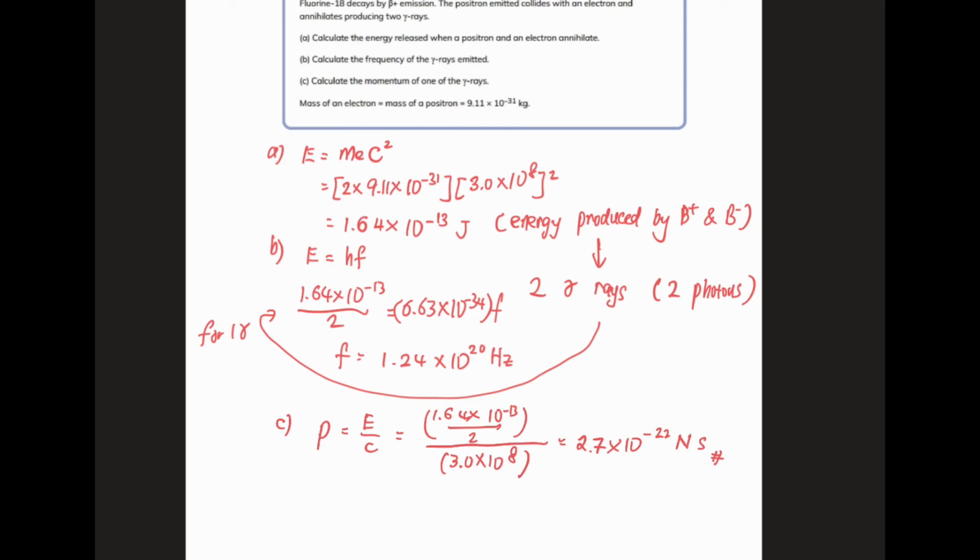So let's say for this one also, I change it to two significant figures, 10 to the power of 20, and this one also I change to two significant figures. Okay, now let's see the next part. Okay, we have done everything here.